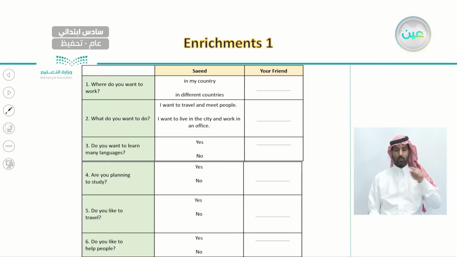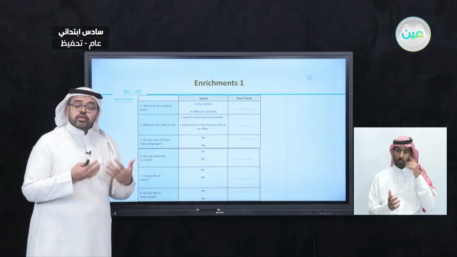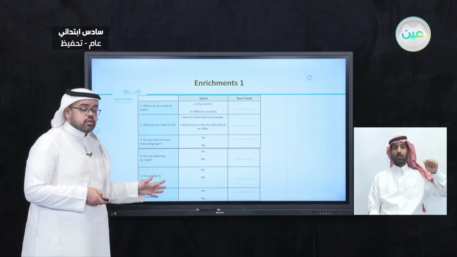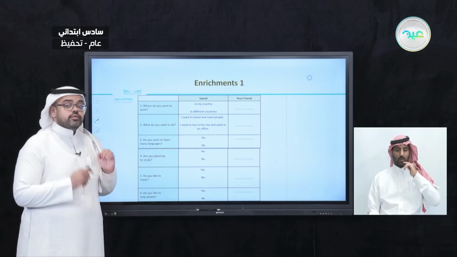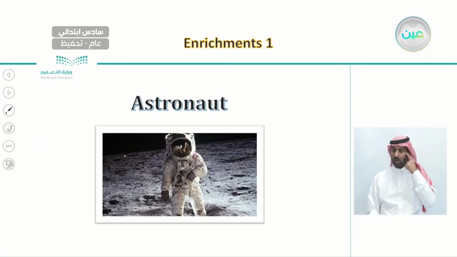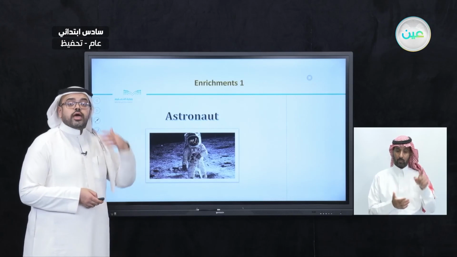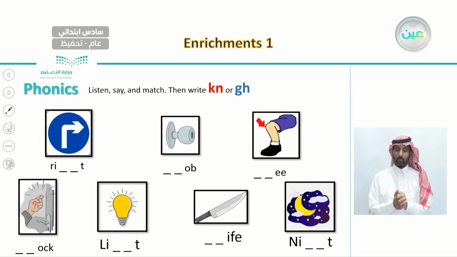And after knowing the answers that Said had, then we can guess. And do you remember what was Said's answer from this lesson? Said was thinking of an interesting job, which is to be an astronaut. We said that you can play this game, you can have the same questions, and have different jobs in mind.